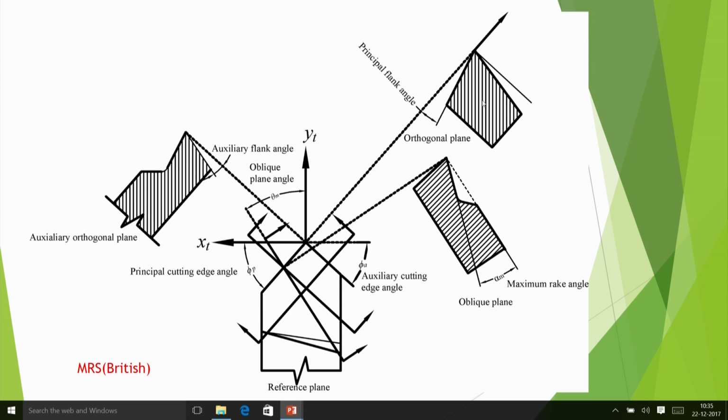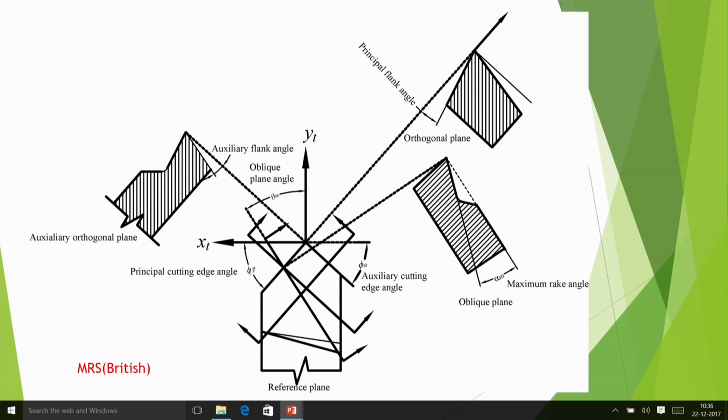In one orthogonal plane, I am getting the principal flank angle. So the orthogonal plane view is also shown. This plane I have taken orthogonal to the cutting edge direction, the side cutting edge direction or principal cutting edge direction, and you are getting that principal flank angle in the same way.